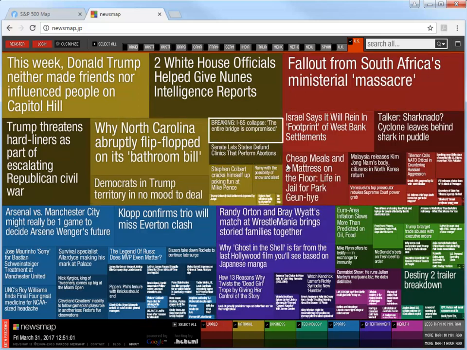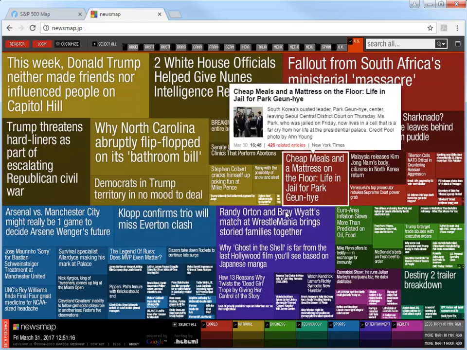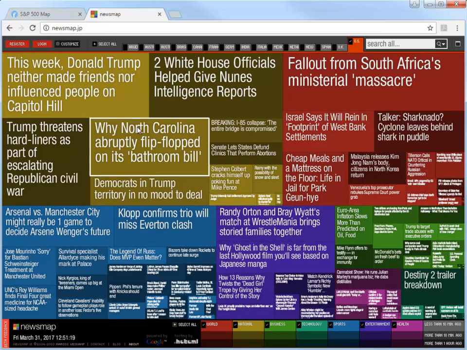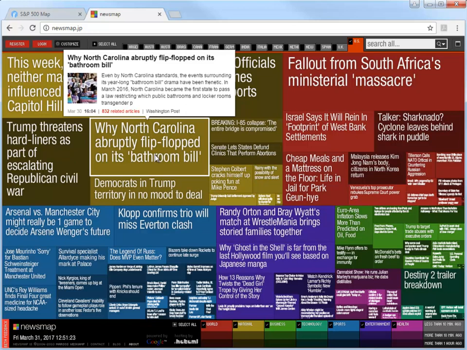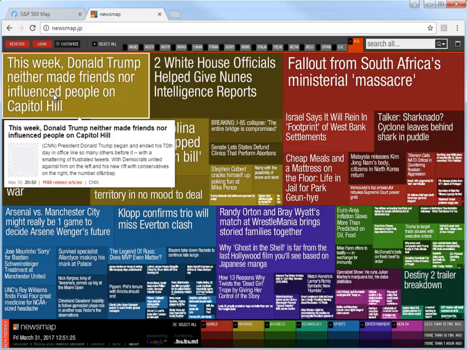World has quite a bit going on in it as well, followed by sports. These are sized based on the activity or number of articles that are going on. And as well, each one of these squares is allocated toward the popularity of this particular topic for stories.